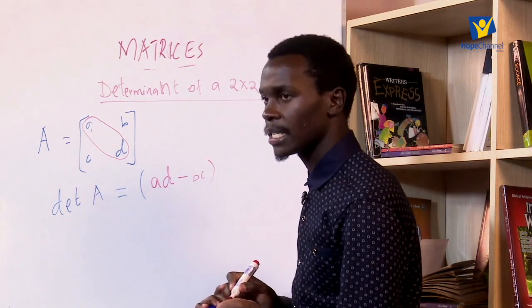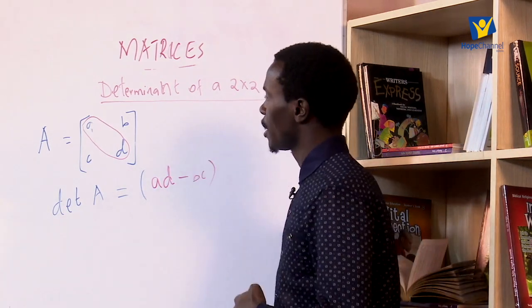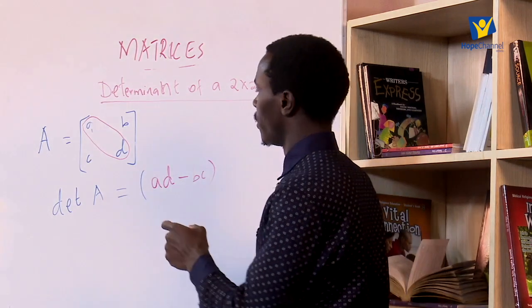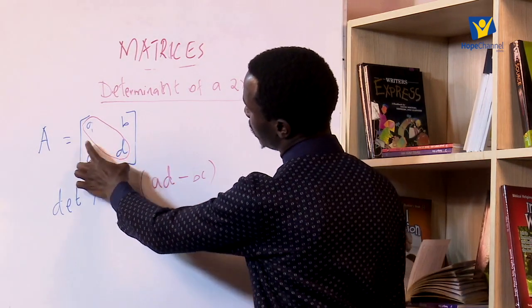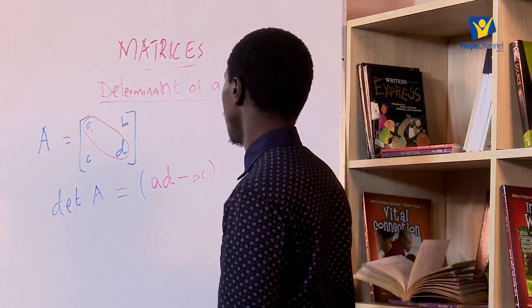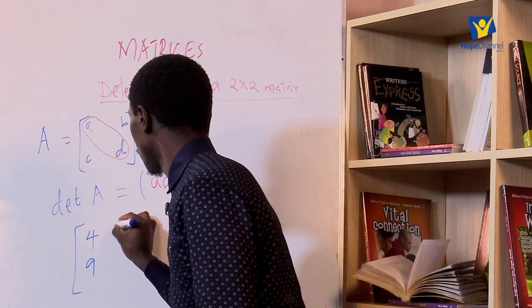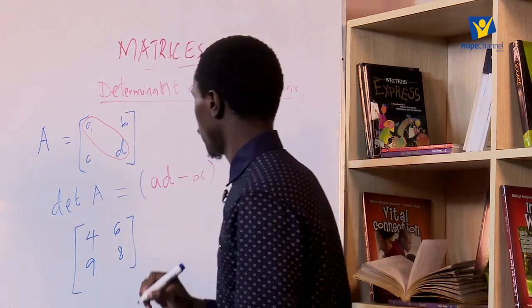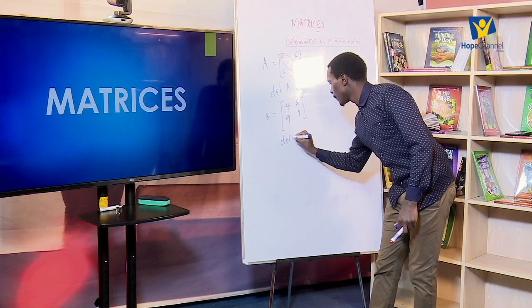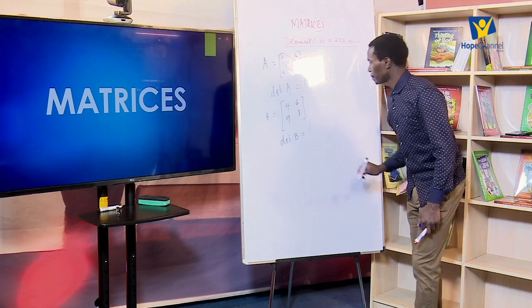I'm repeating, to get the determinant of a 2 by 2 matrix, we first of all get the product of the elements in the leading diagonal, then subtract the product of the elements of the other diagonal or the secondary diagonal. If for example now we have this 4, 9, 6, 8, we're supposed to find the determinant of that. So the determinant of, let's say, B will be equal to AD.